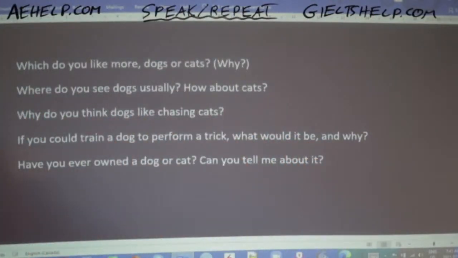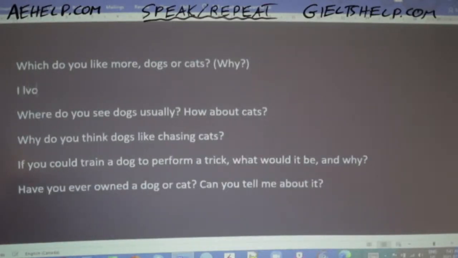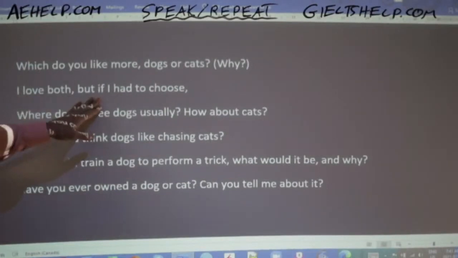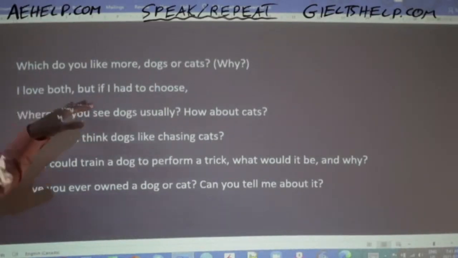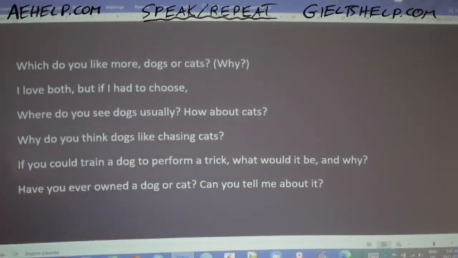So you could say something like this. I love both, but if I had to choose... now, this kind of an answer is great because you're introducing a conditional right away. So I love both, but if I had to choose, I would go with dogs for two simple reasons.